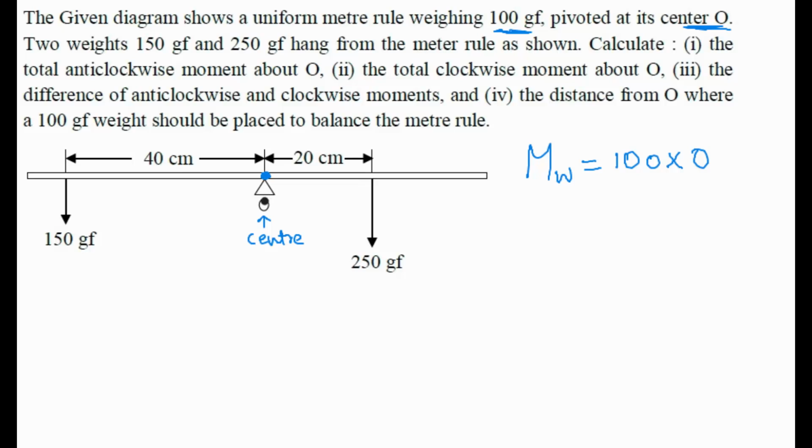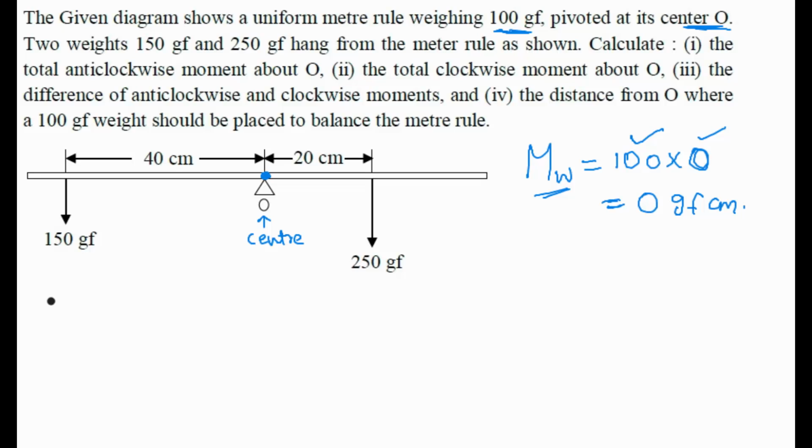So the distance between center and center of gravity will be 0. That's why the moment due to its own weight will be its weight into distance from center, that is 0. So the moment due to its own weight will be equal to 0 GF centimeter units. Now let's try to calculate the first question.